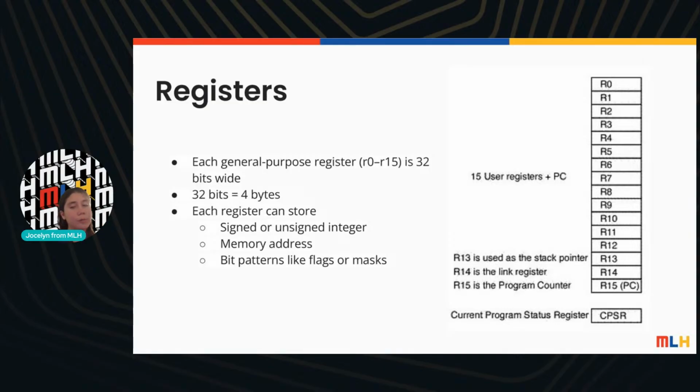So every hardware that you see has registers. Your computer, your STM32, whatever physical hardware you use that can store values, has registers. It just depends on how many registers you have in each hardware.